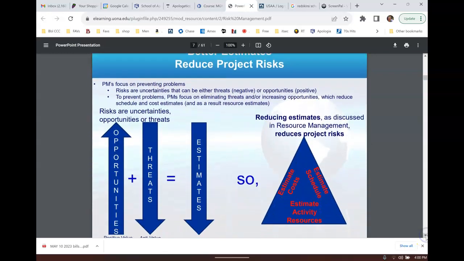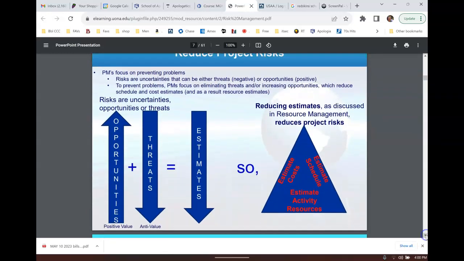Now, everything we've been doing up until now, all of these areas we've been discussing, scope, schedule, cost, etc., they are all about reducing risk on a predictive/waterfall project. When I say reduce risk, I mean threats. Risk is also an opportunity, and I want to increase the opportunities that I can create to make this project a success and reduce the threats.